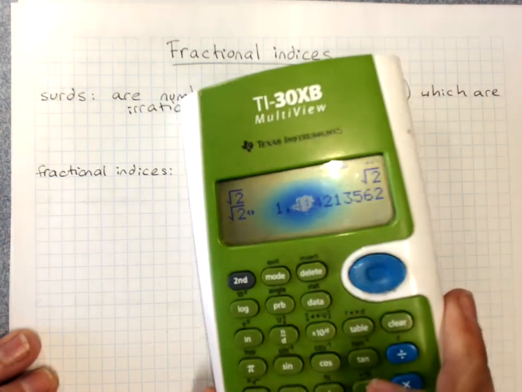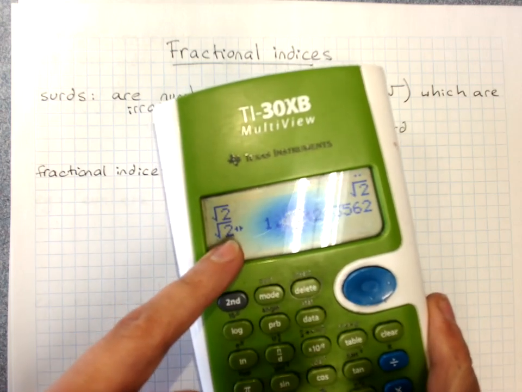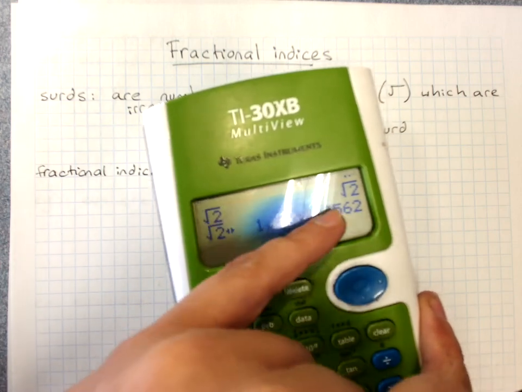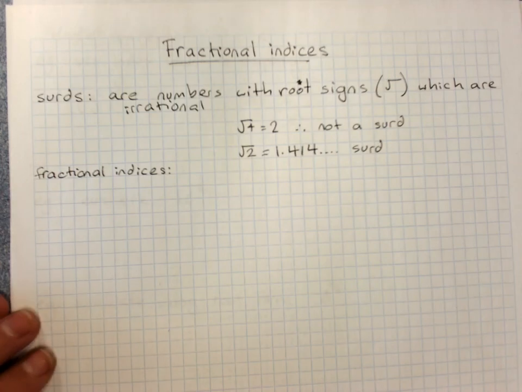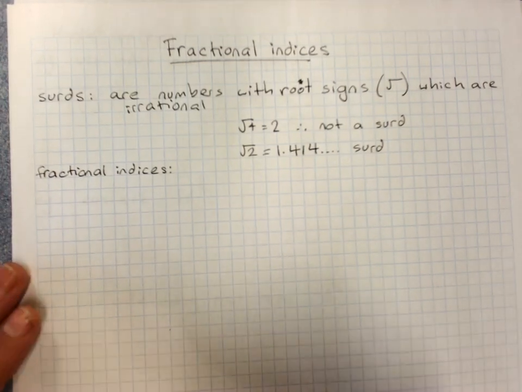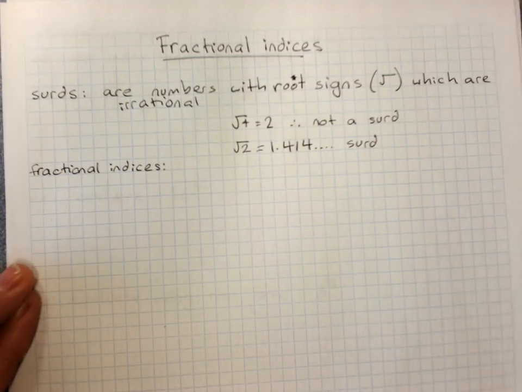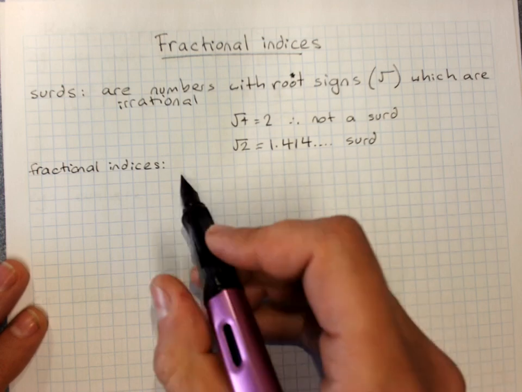So generally with the calculators you can assume that if any root value comes out to a bunch of decimals that fills your screen, it's a surd, it's irrational.